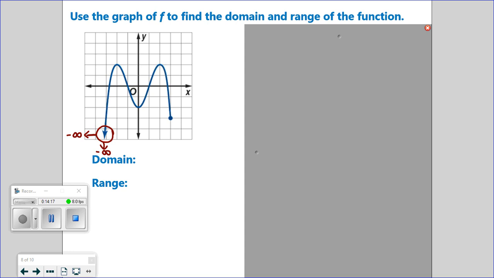Let's talk domain first. So domain, I'm going to be moving along my x-axis, seeing how far left and how far right my graph goes. Look for those arrows, infinities, and I can see down here in the left-hand corner that our graph does actually go to the left forever. So the farthest left this is ever going to go, negative infinity, right?